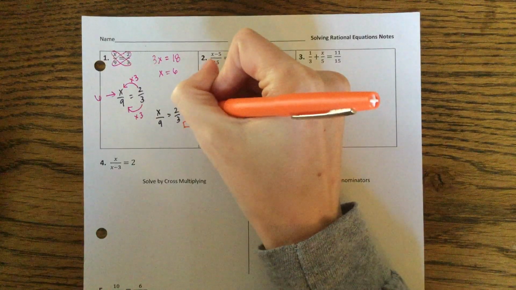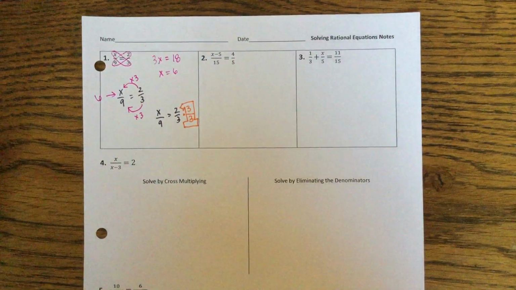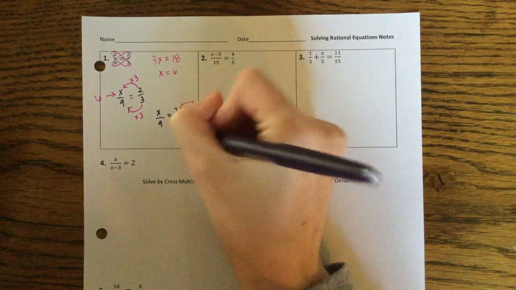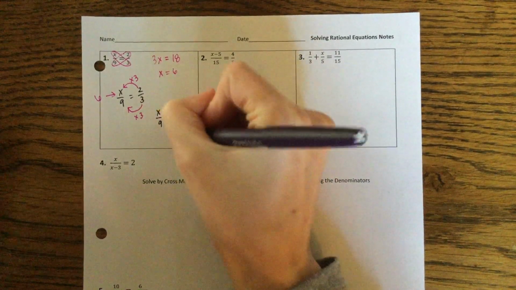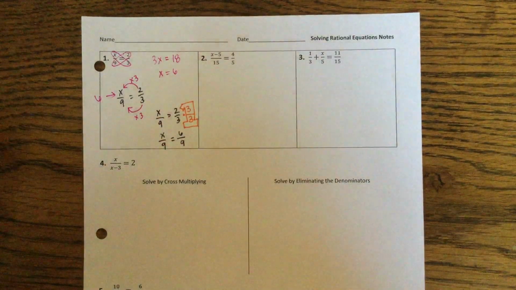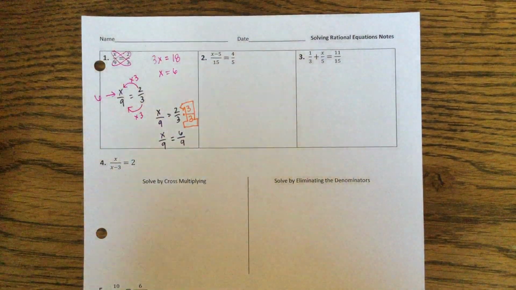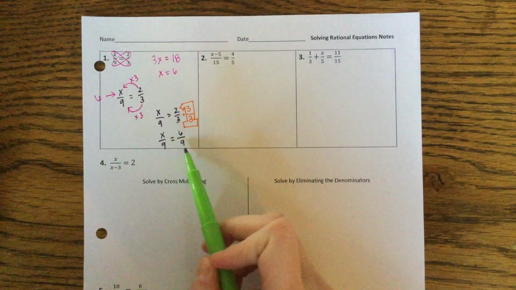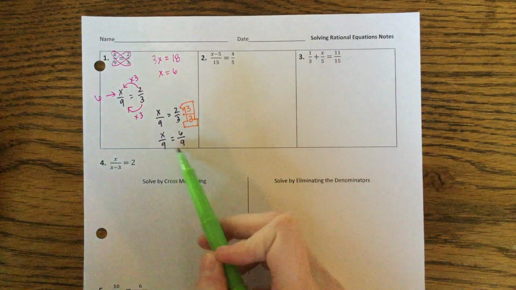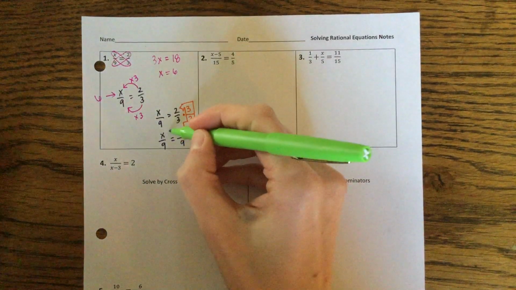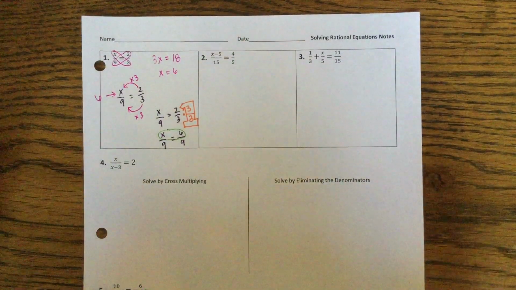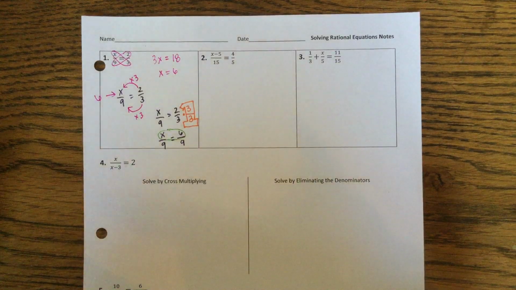I'm going to draw a big 1 around that. And so then, 2 times 3 is 6, 3 times 3 is 9. So x over 9 is equal to 6 over 9. If these two fractions are equal and the denominators are the same, then wouldn't that mean that the numerators would also have to be equal? Like x would have to equal 6 in that equation.